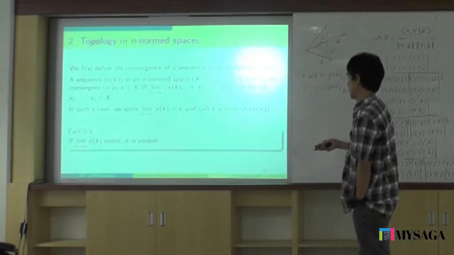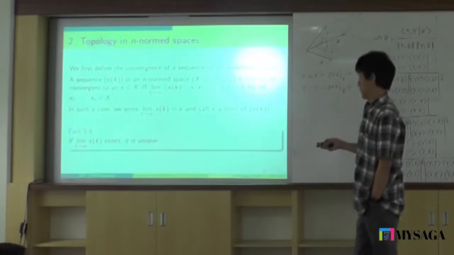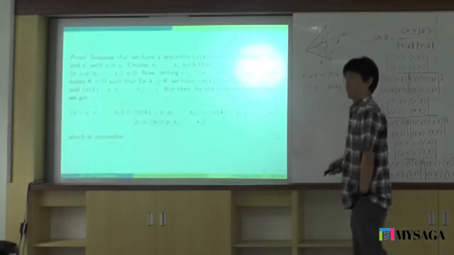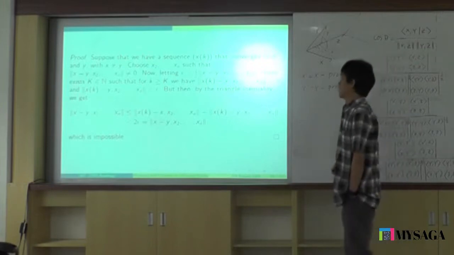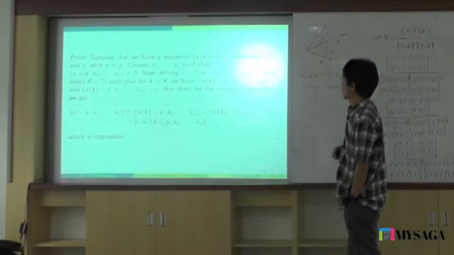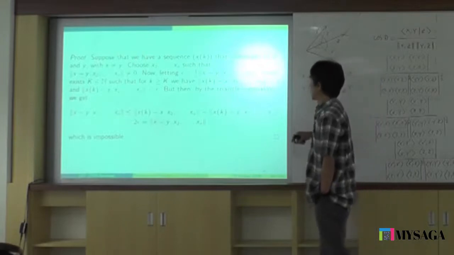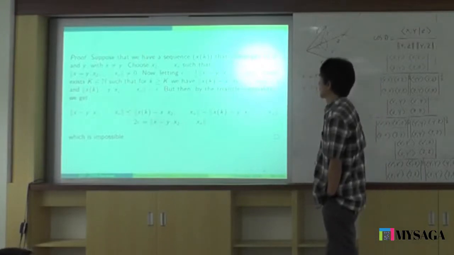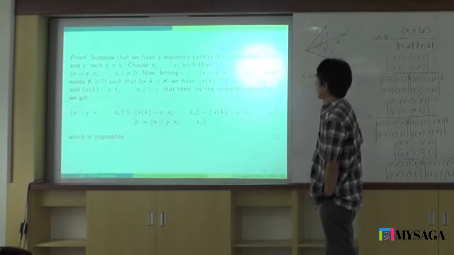How do we prove the uniqueness? Well, it's the same as we prove the uniqueness of the limit in a normed space, but now of course we have factors x2 up to xn that we have to choose carefully.